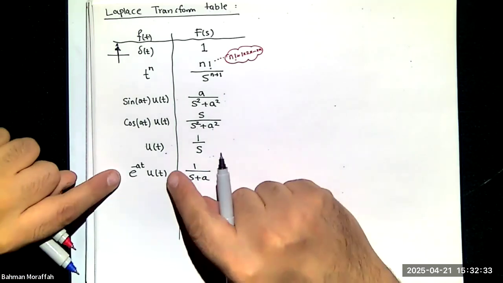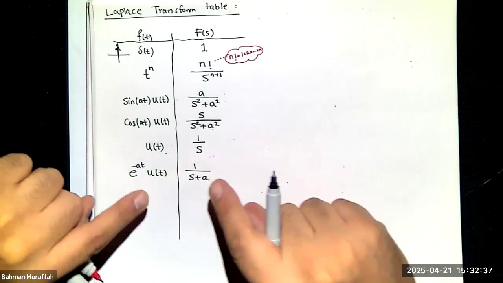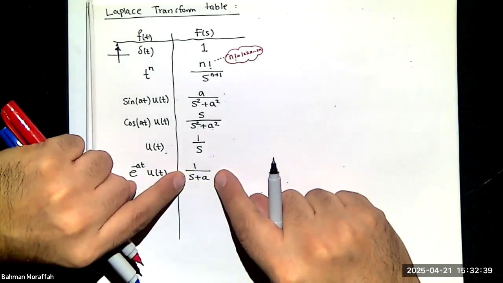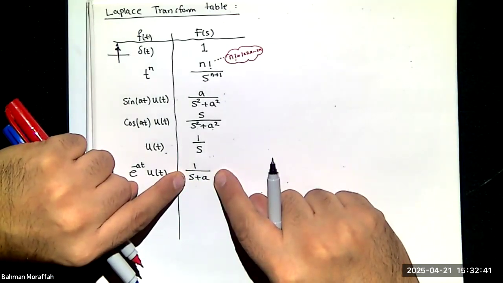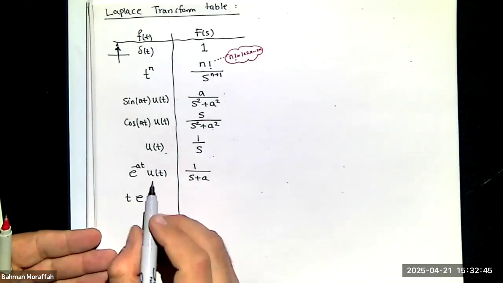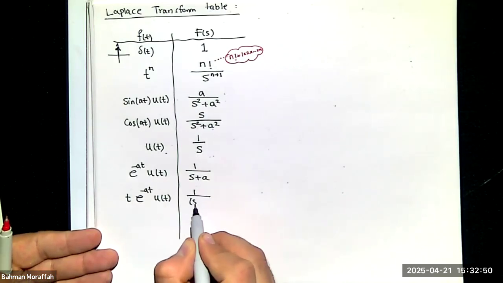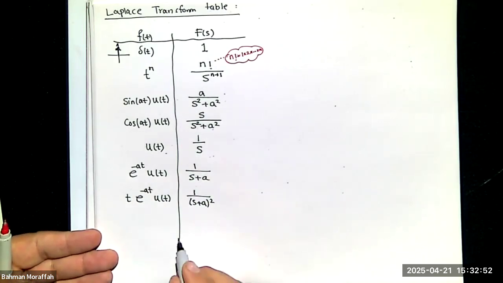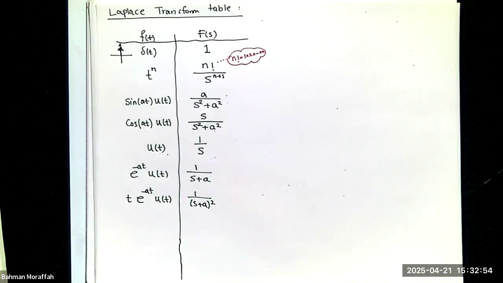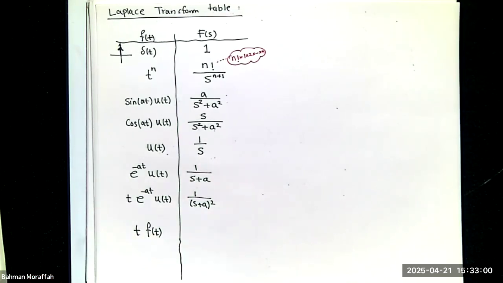If I multiply this function by t, it is similar to taking the derivative of f of s in the s domain. So t e to the power of minus a t u t is 1 over s plus a squared.